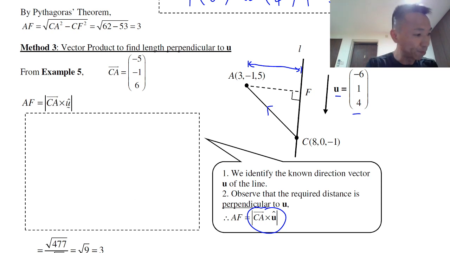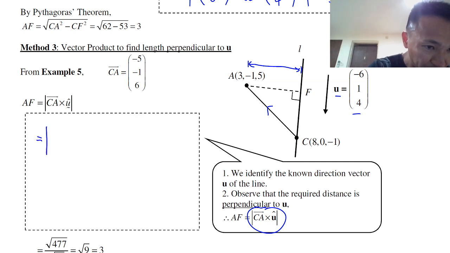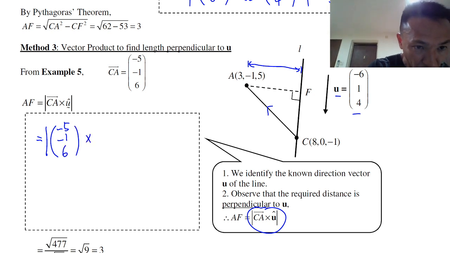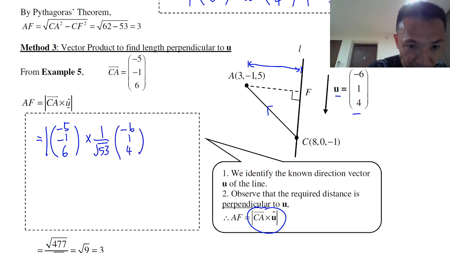Okay, alright. So let's do the math. Let's find CA, which we found earlier, minus 5, minus 1, 6, cross 1 over root 53 times minus 6, 1, 4.